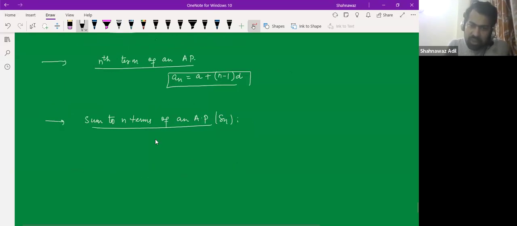And what is that? This is n by 2 times 2a plus n minus 1 d, or this can also be written as n by 2 times a plus An, or n into the average term.